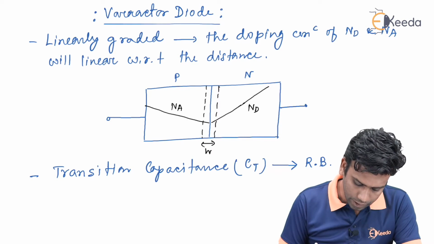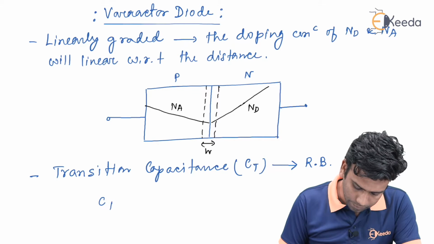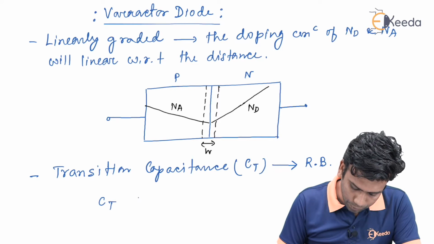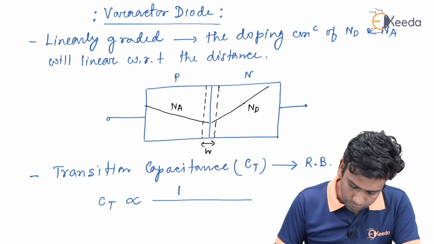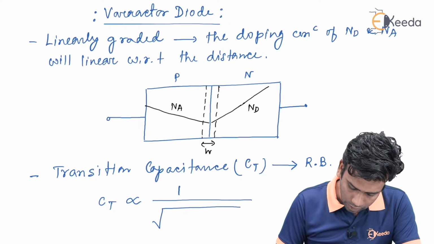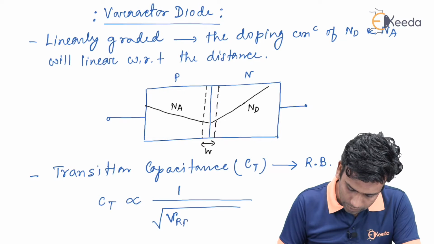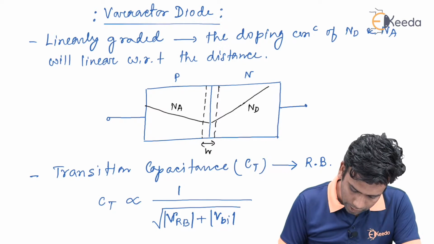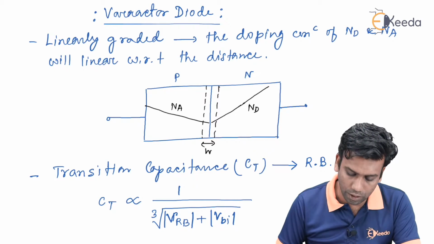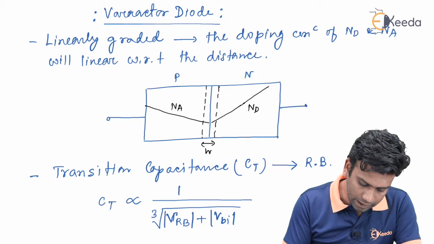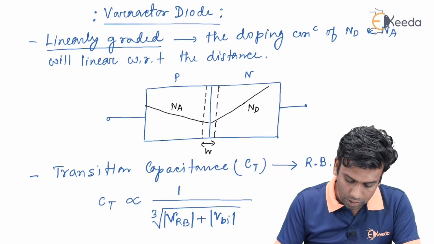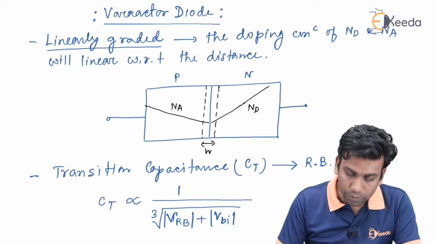That means this Ct is proportional to 1 by the cube root of |Vrb + Vbi|, and it will be a cube root because it is a linearly graded junction.